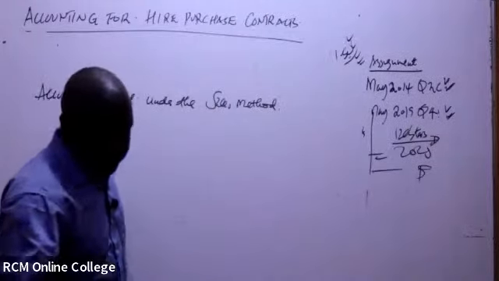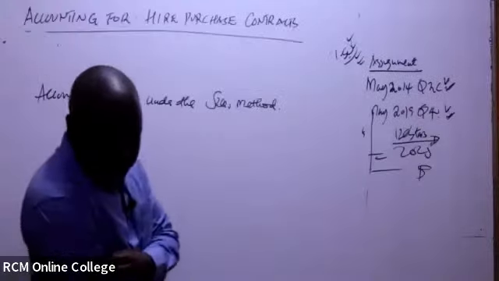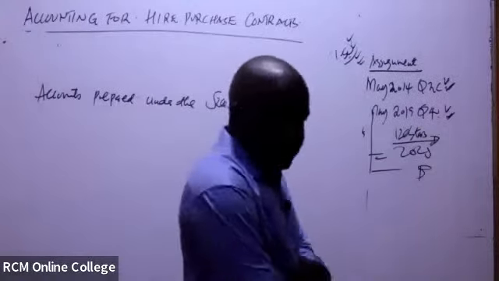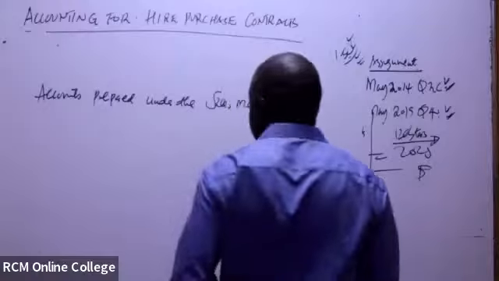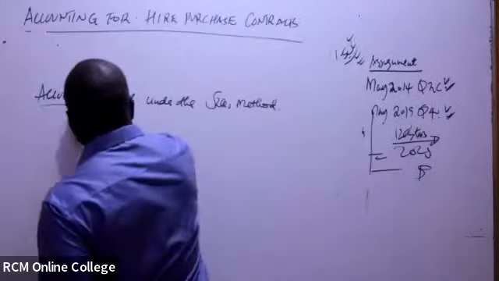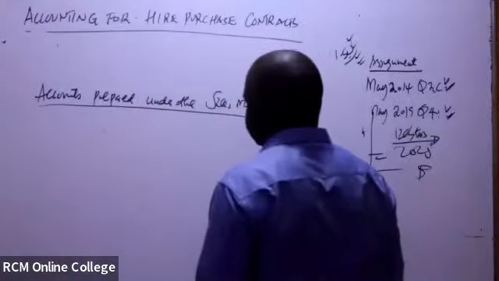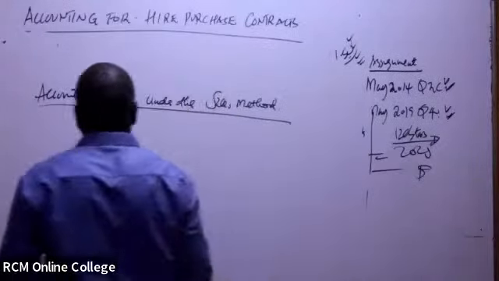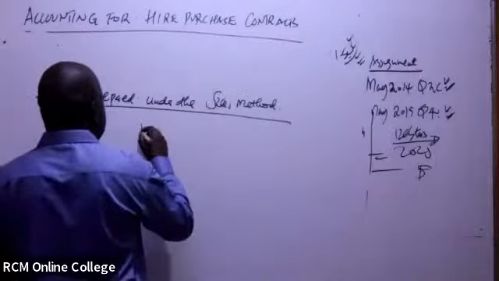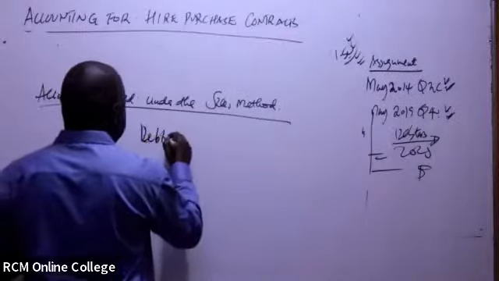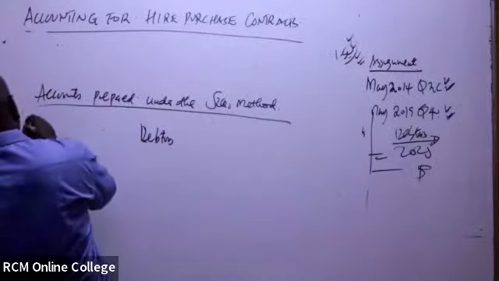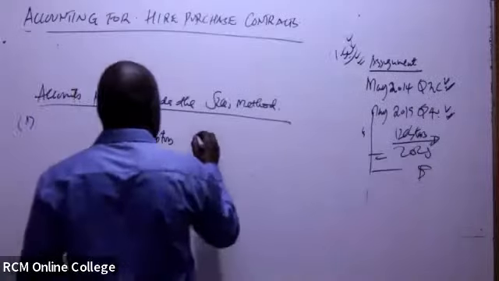So the first account here is what we call the debtors account. This is like a heading. So we'll have the debtors account. The first one is the debtors account, so you can write number one.